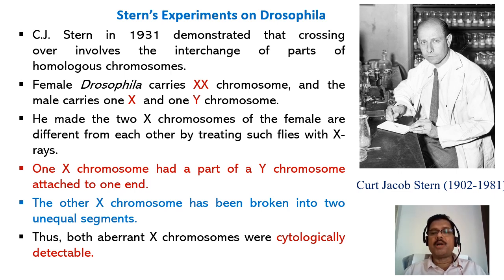One X chromosome had a part of a Y chromosome attached to one end, whereas the other X chromosome was broken into two unequal segments. Thus, both aberrant X chromosomes were cytologically detectable.